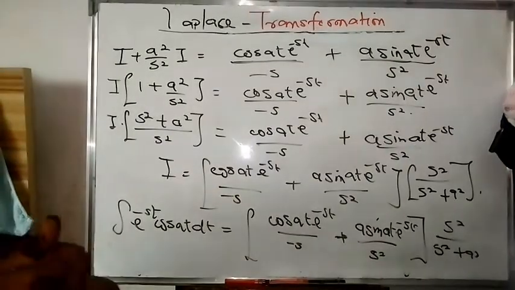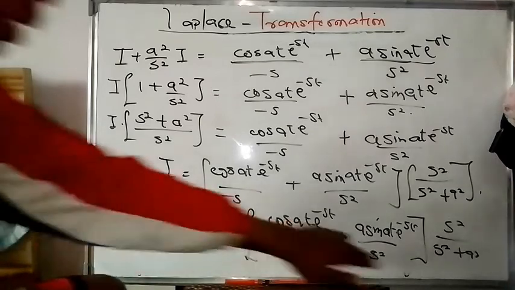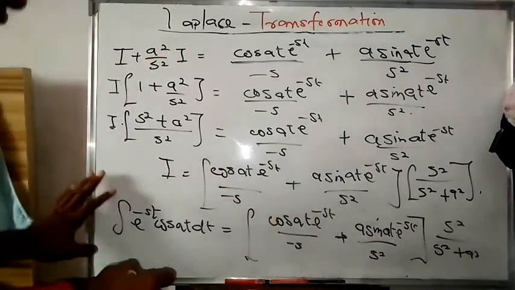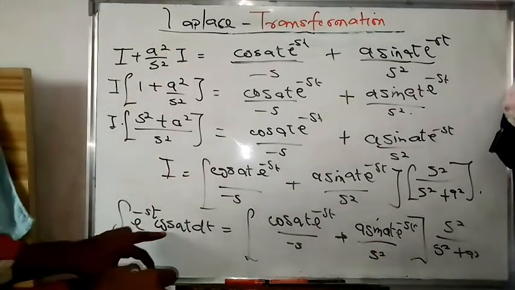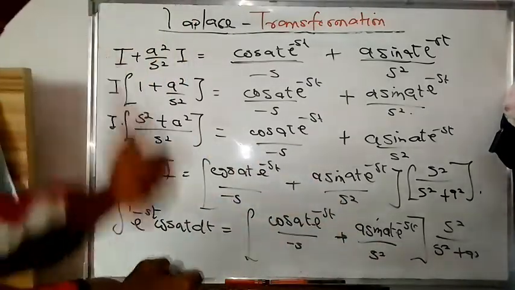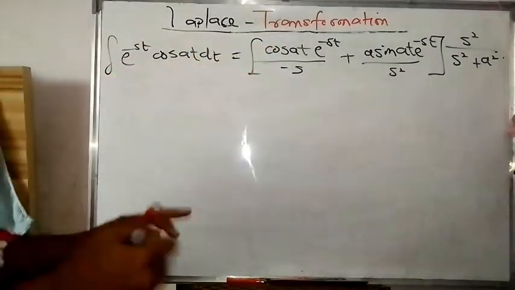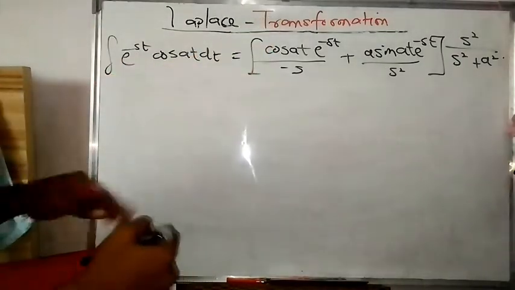So remember, we said I is equal to the integral of e^(-st) cos at dt. So this is what we have successfully integrated. So now our next step, remember our limit says from 0 to infinity. So guys, this is where we stop. The next step we have to do now is to take our limits.